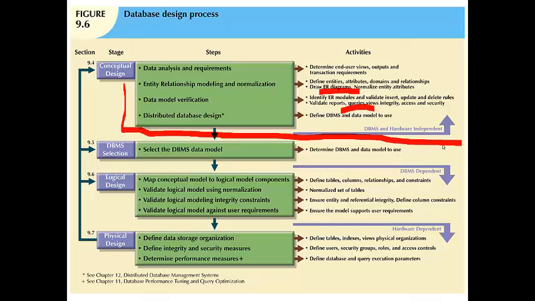Well, but after we've done that, now we're moving away from things that are purely abstract and conceptual. Now what we need to do is translate this beautiful model that we created into something that will actually be an information system.